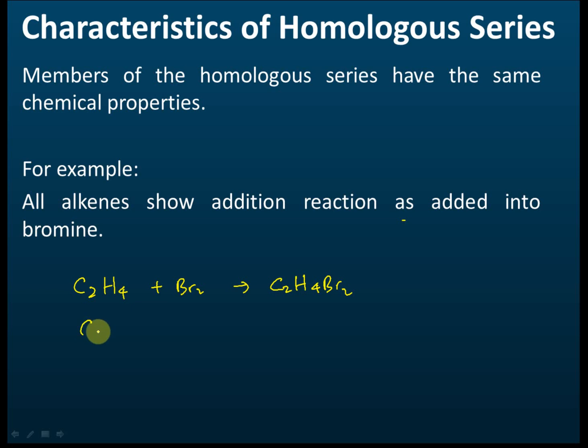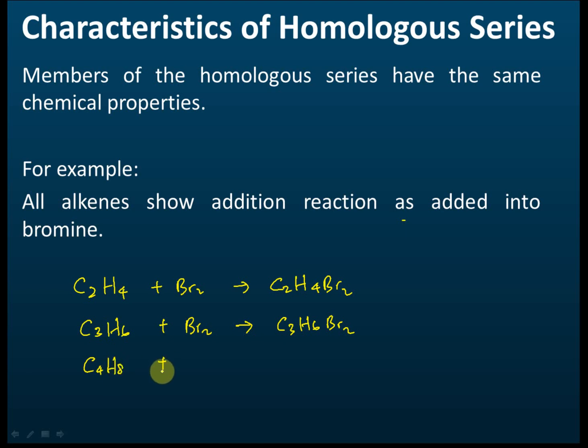Another alkene, propene, C3H6, can also react with bromine. This is called addition reactions, which we will discuss later. So it becomes C3H6Br2.